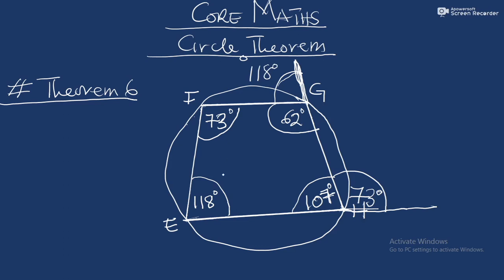Okay, good. Now if I also extend this one, I'll get an exterior angle here. Now, still angles on a straight line. Subtracting 118 from 180 will give us the angle here. And you can also bear with me that it is 62 degrees.